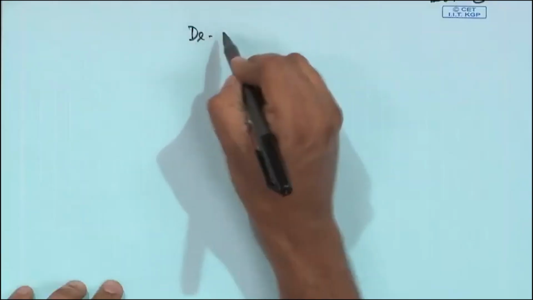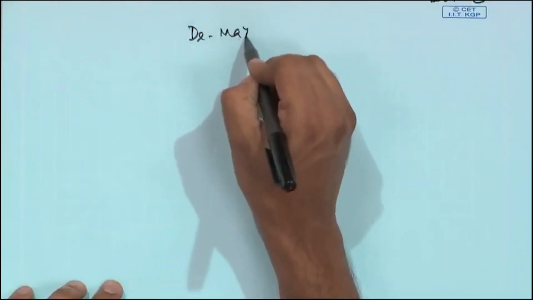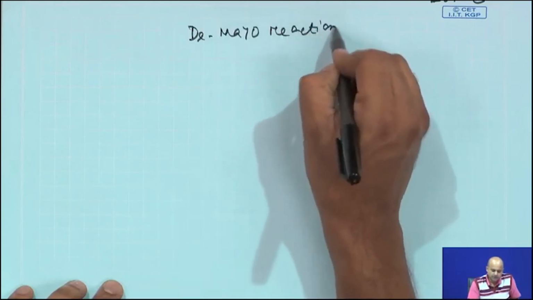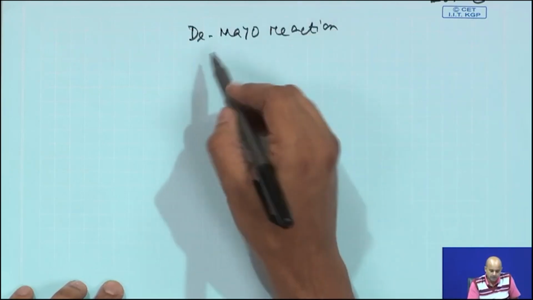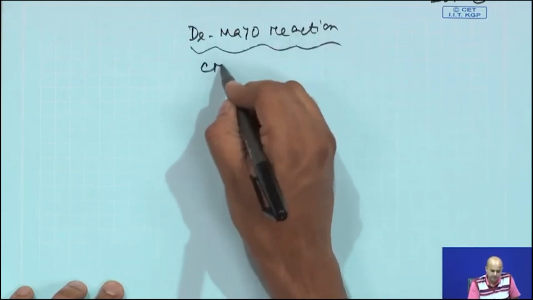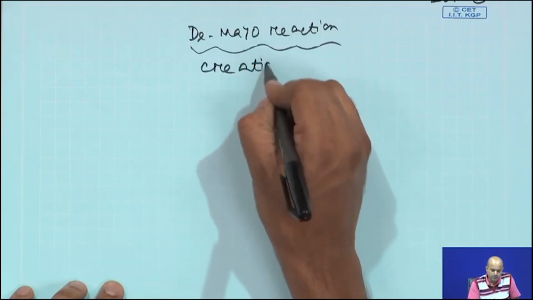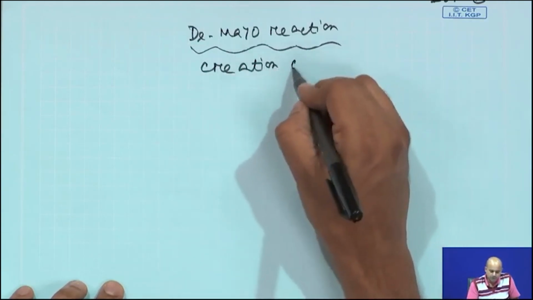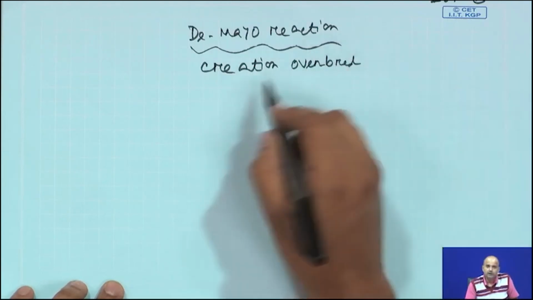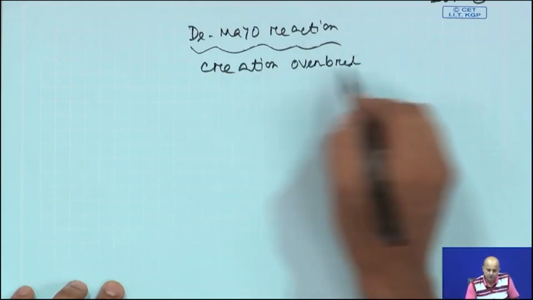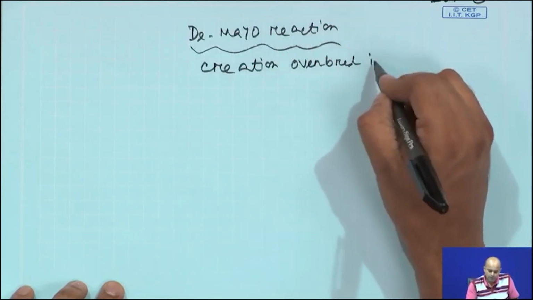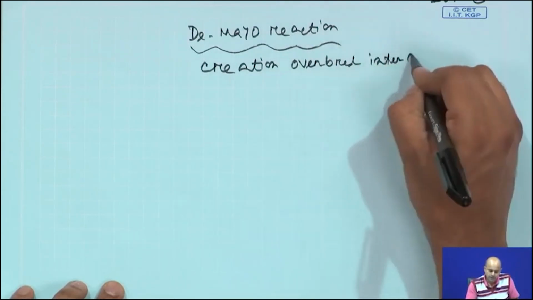I am saying that the De Mayo reaction is principally nothing but the creation of an overbred intermediate. If you remember, the De Mayo reaction, which we discussed very often during our coursework, creates an overbred intermediate.